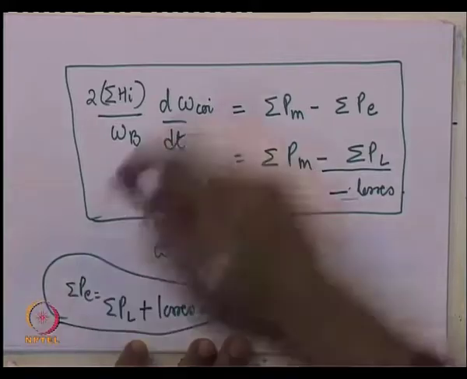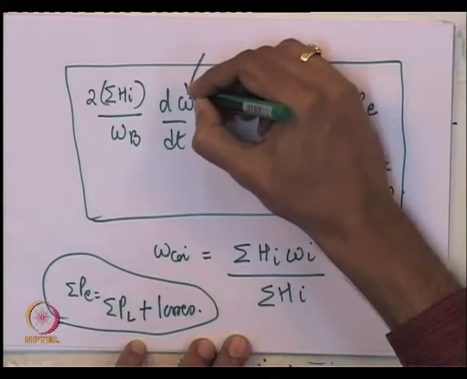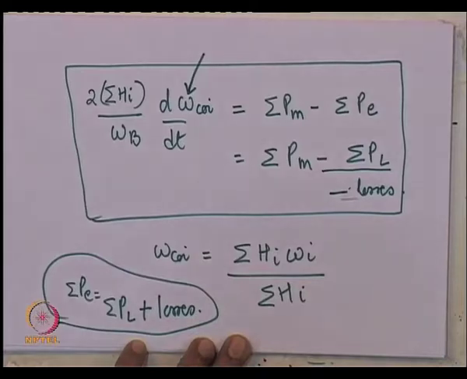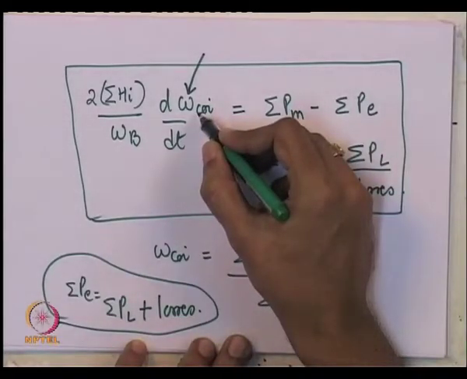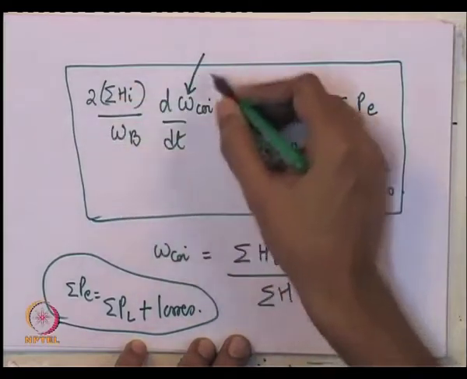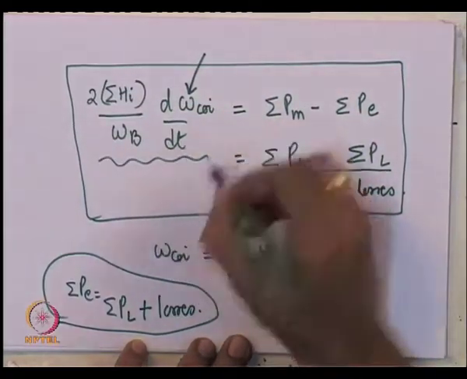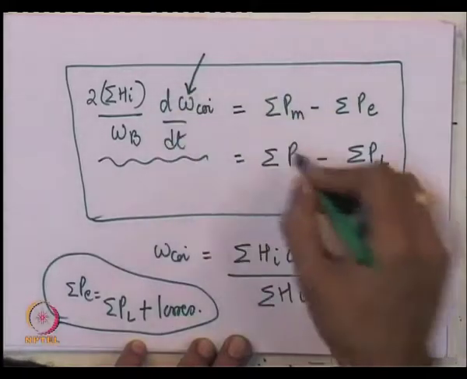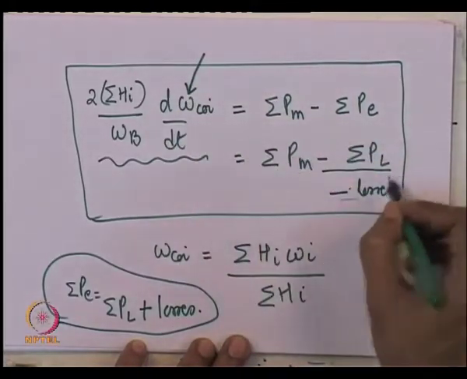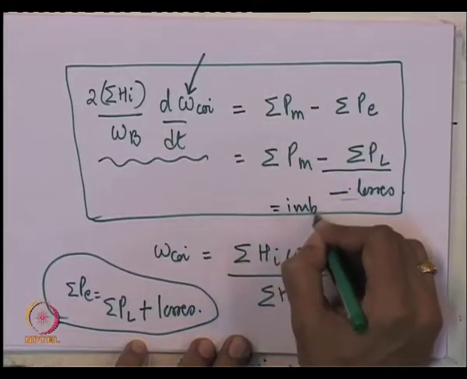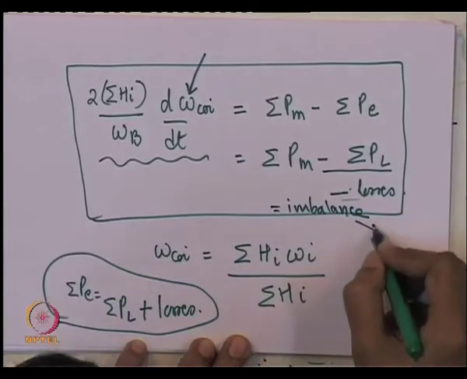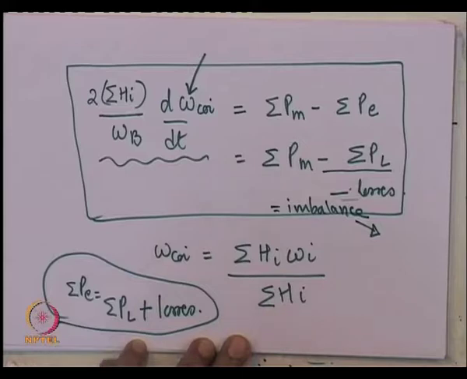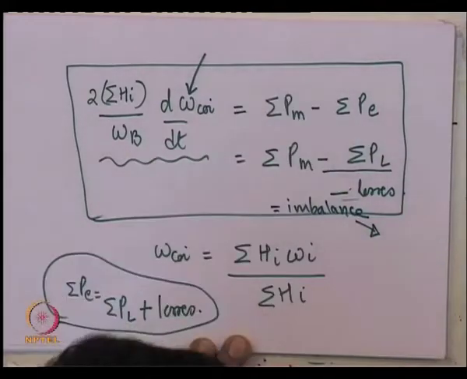What one can do is try to compute omega COI, and because you know omega COI, you can compute the rate of this particular term, and because of this you can estimate what this imbalance is. So, I will call this imbalance. Depending on this imbalance you can then decide to trip certain loads to bring back balance, in case there is a drop in frequency.